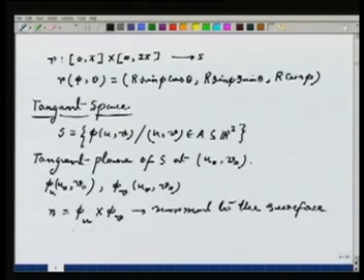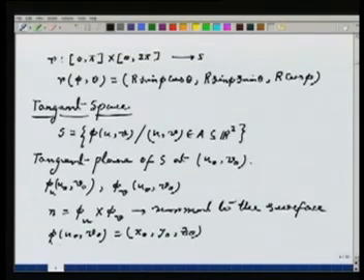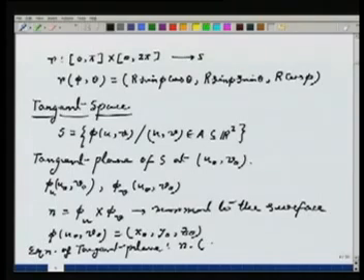Okay. And then the equation of the tangent plane, if phi of u0, v0 equals x naught, y naught, z naught, is nothing but n dot (x minus x naught, y minus y naught, z minus z naught) equals 0.